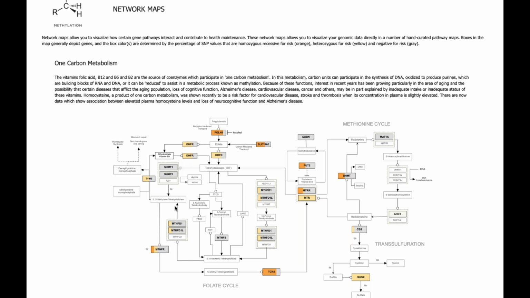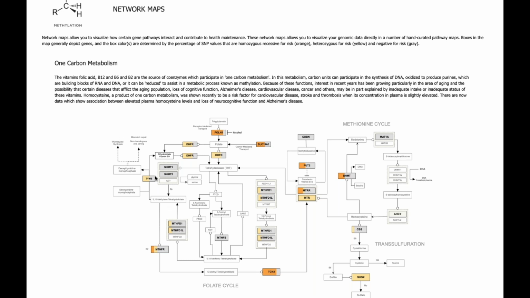That's where I would also look, because you can look at MTHFR, and you can look at the beginning of the cycle with FOLH1, and you can see, well, these are things that I can have an impact on. And then I would look and say, okay, of those, which ones might be impaired by function, and that's where I would point my eye. I probably would not be looking at many of the boxes with the gray, because either we don't have enough data there, or there's really not much that we can be doing there.